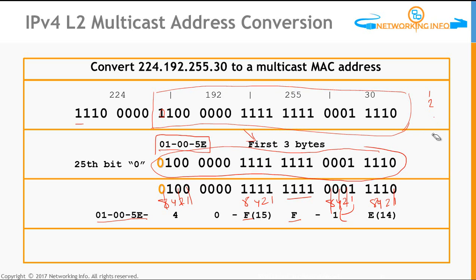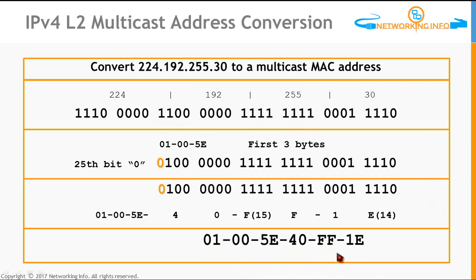Then 10 means A. 10 equals A. 11 equals B. 12 equals C. Then D, 14 is E, and 15 is F. So whenever you see 10 or 13 coming, you keep these values here in hexadecimal.